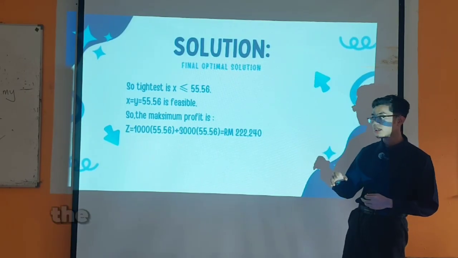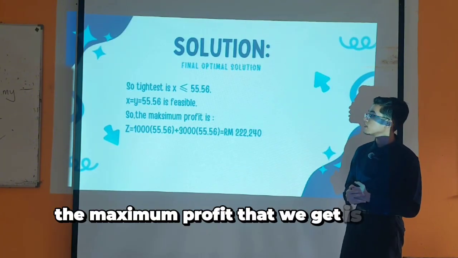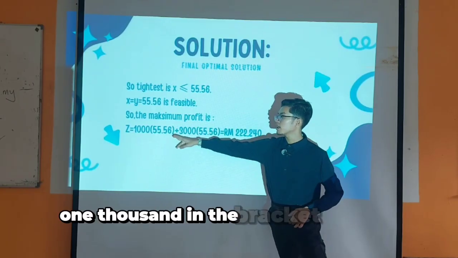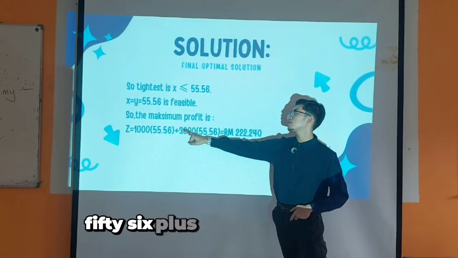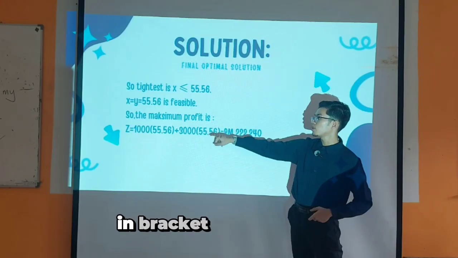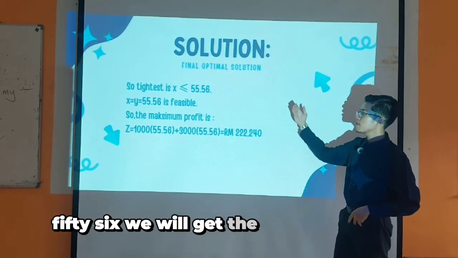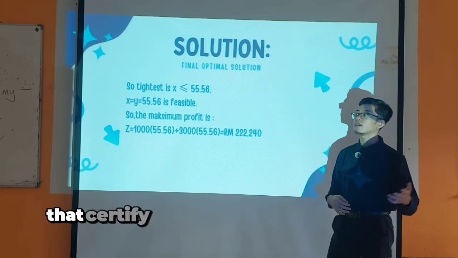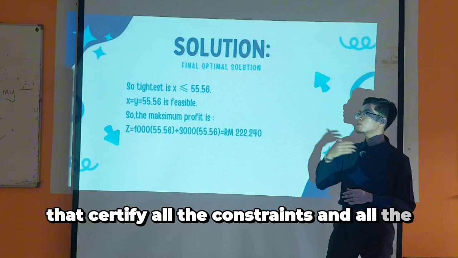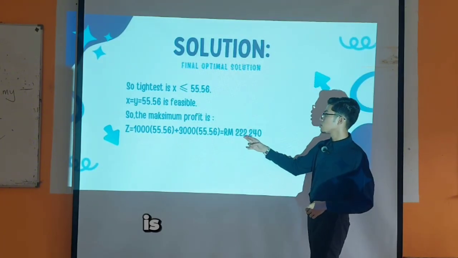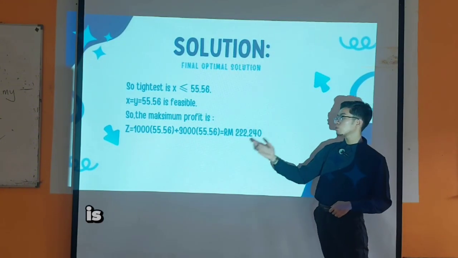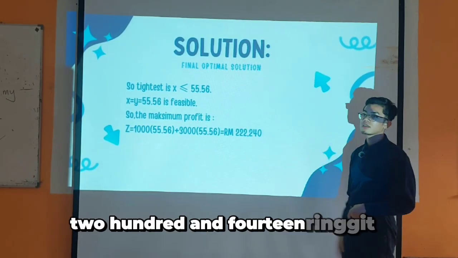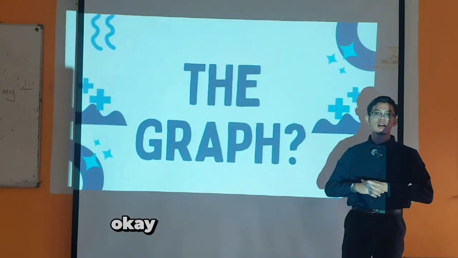So the maximum profit that we get is 1,000 in the bracket 55.56 plus 3000 in the bracket 55.56. We will get the maximum profit that is feasible, that satisfies all the constraints and all the policy, which is 222,214 ringgit.